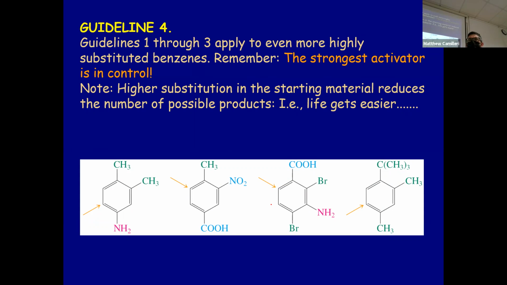And guideline 4, the strongest activator always wins. So here you have these two positions. But then, because you have the bulk in S, it will of course prefer the position on the left.